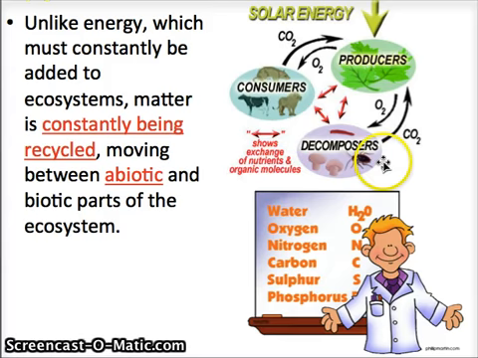So this picture represents how matter, for example, oxygen and carbon dioxide, that's matter. It's made out of atoms. Those things actually get recycled among all the living things within the ecosystem, okay? And down here we have a list of different types of matter. So these are elements that are necessary for living things to survive, okay?